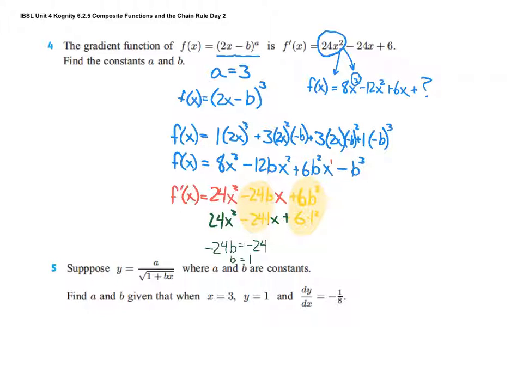We found the derivative in terms of b, and that minus 24x corresponds to a minus 24bx. Okay? Oh, I see. You could confirm this by saying, okay, well 6b squared has to equal 6, so b also has to equal 1 there. Okay? Technically speaking, with this one it could be plus or minus, but the minus doesn't work with the first one, so b has to just be positive.